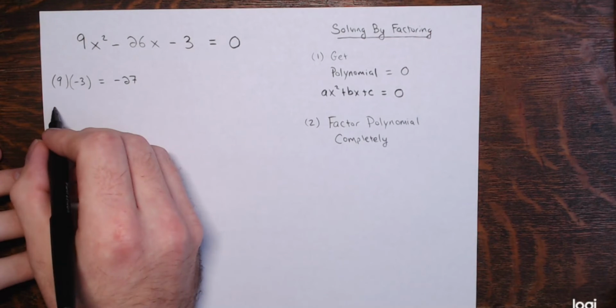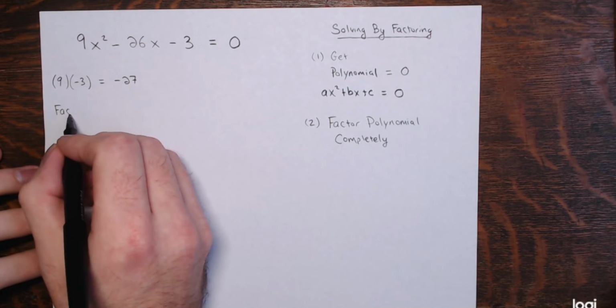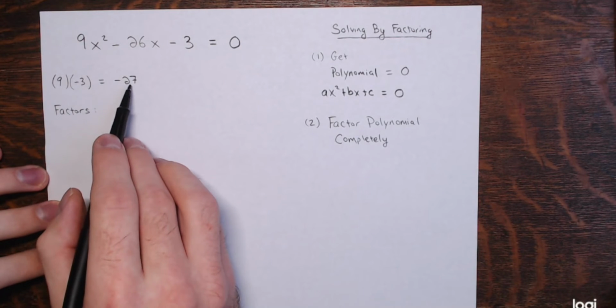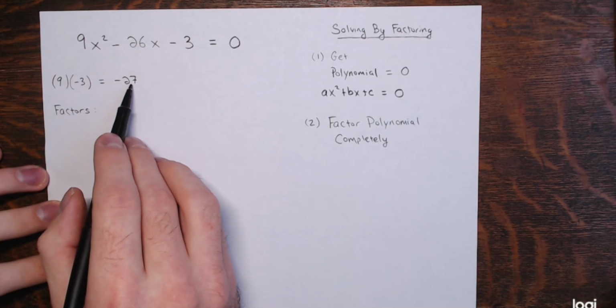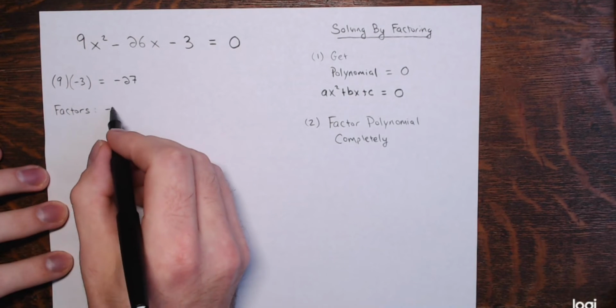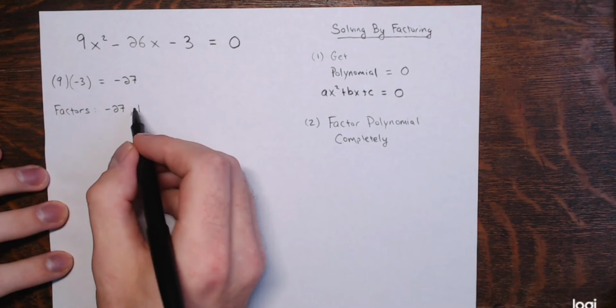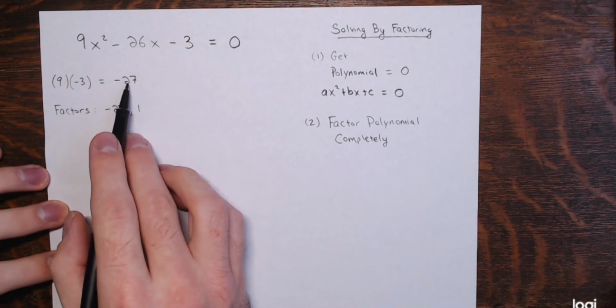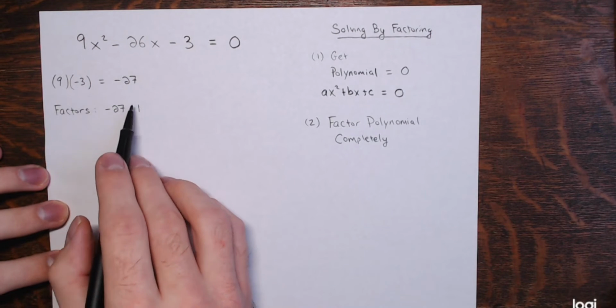And then you think of a pair of factors of negative 27 that have a sum of the linear coefficient, negative 26, and that would be negative 27 and positive 1. These multiply to be negative 27, and they add to be negative 26.